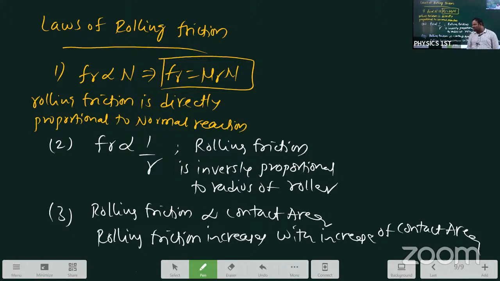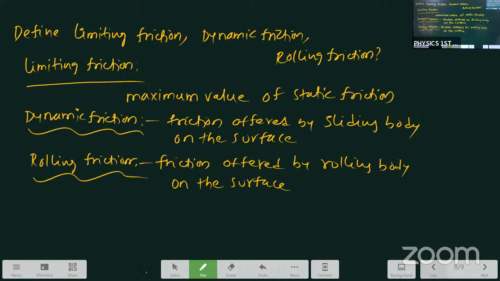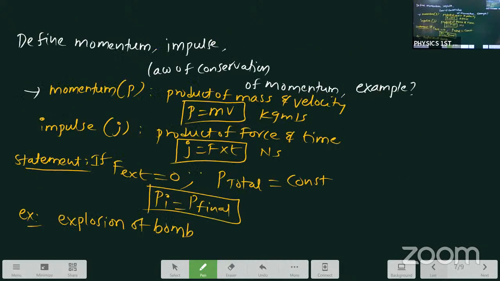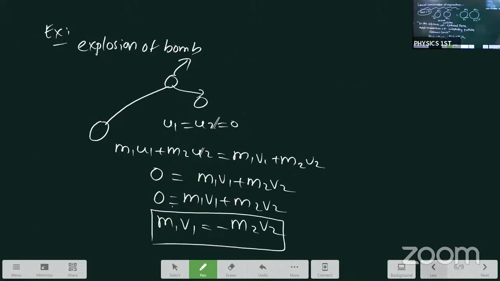Today I finished a total of 4 questions. One is rolling friction, second is limiting, dynamic, rolling friction, which is question number 2. Third is define momentum, impulse with law of conservation of momentum and example, and Kepler's laws.